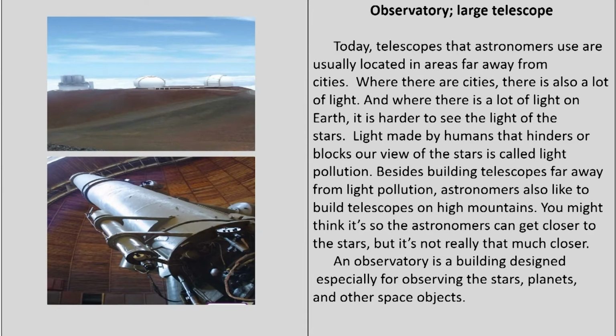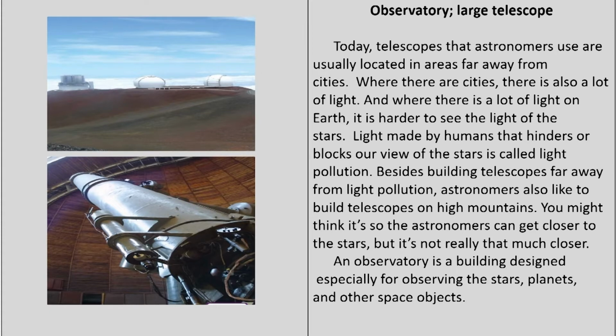Today, telescopes that astronomers use are usually located in areas far away from cities. Where there are cities, there is also a lot of light. And where there is a lot of light on Earth, it is harder to see the light of the stars. Light made by humans that hinders or blocks our view of the stars is called light pollution.